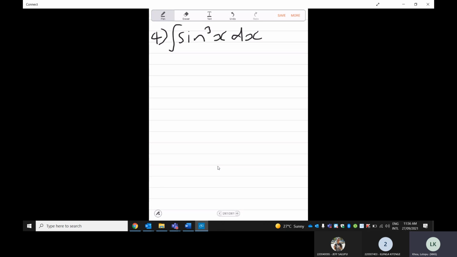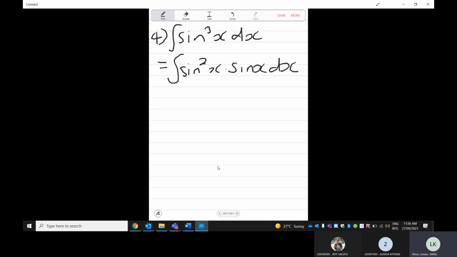Or try and use the even power way. So this sine to the power of 3 of x, we can write it as sine squared times sine x. So this is the integral of sine squared of x multiplied by sine x dx.